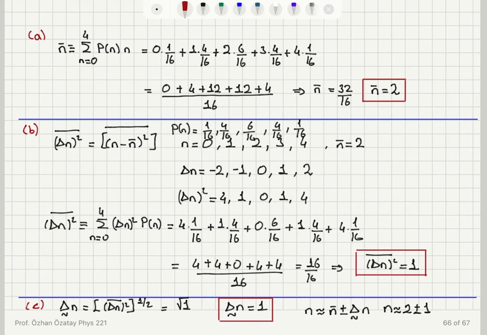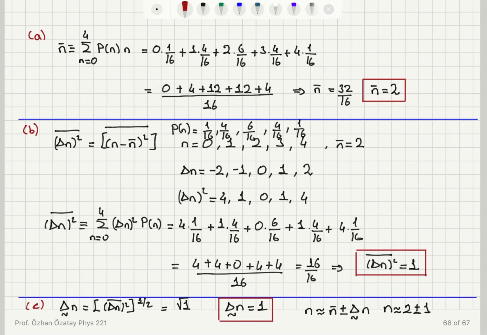Then we calculated all possible values of delta n squared, the square of the deviation. They were 4, 1, 0, 1, 4, and then we take the average by multiplying them with the corresponding probability of having an n value, going through all possible n values, and we found the variance to be 1, and the standard deviation or root mean square of the dispersion is 1.